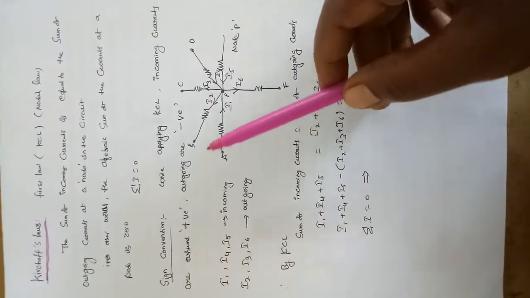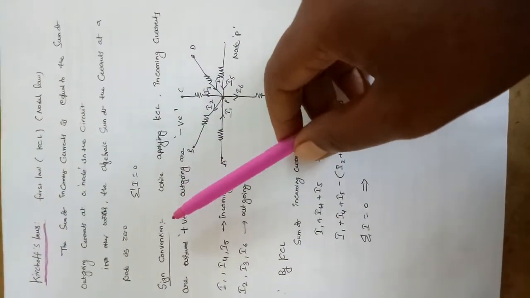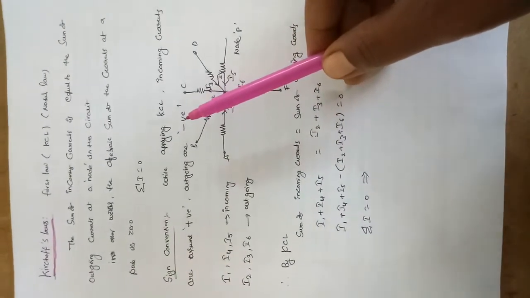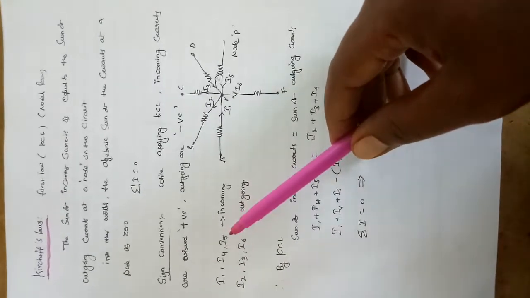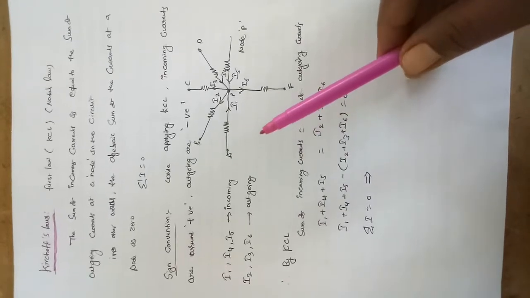For this sign convention, we have to remember that incoming currents are assumed to be positive and outgoing currents negative. So I1, I4, I5 are positive, and I2, I3, I6 are negative.